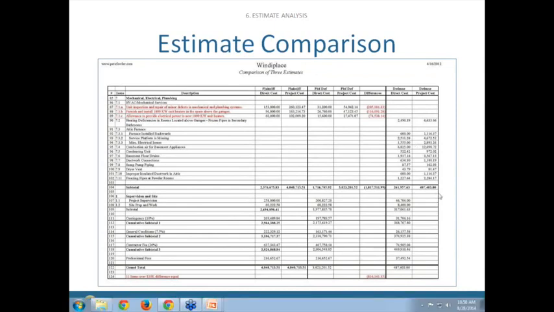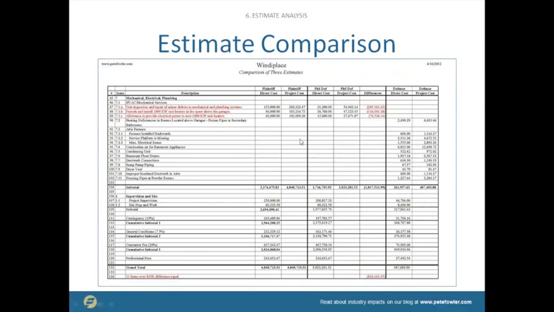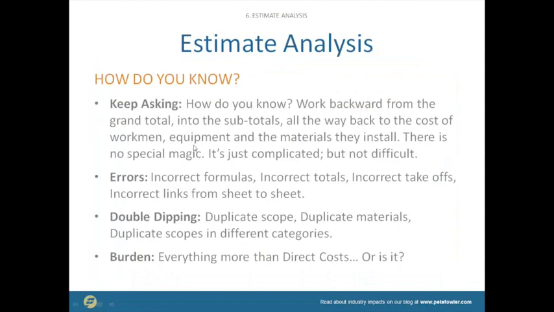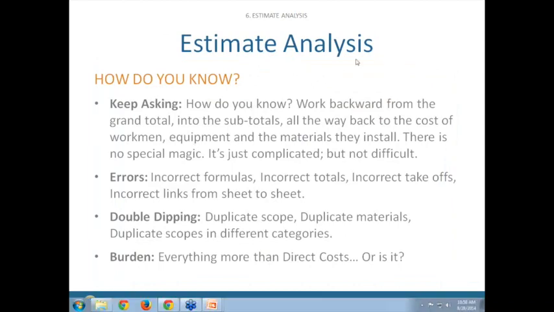Our estimate of that same plaintiff's cost was $3.3 million or something like that. And then the defense scope of work was only $500,000, right? Everybody who does litigation knows that's a wide variation.